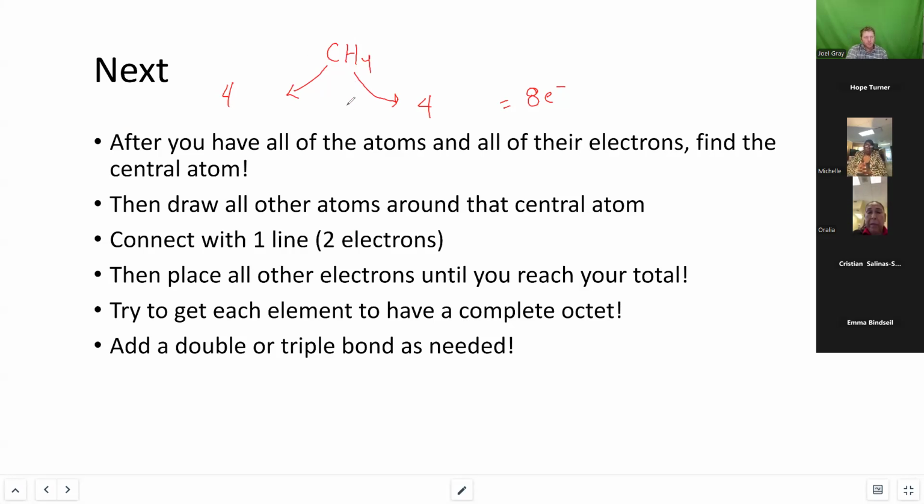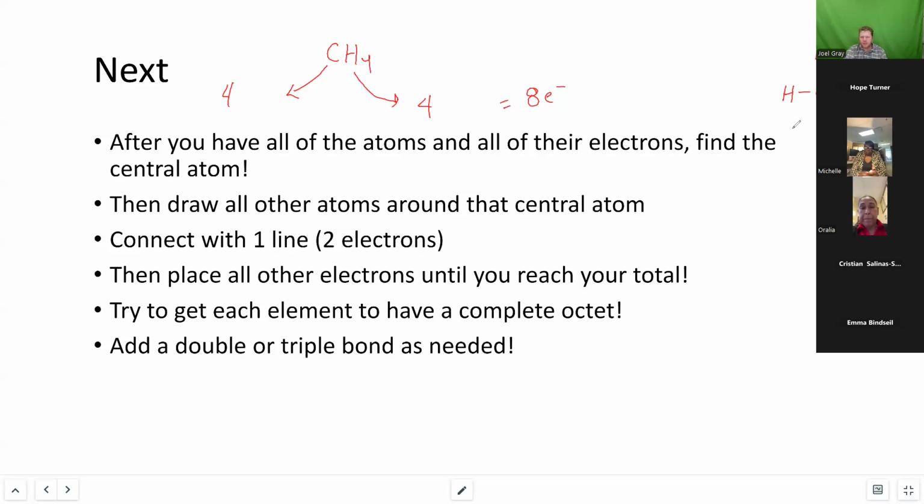Since we're not going to use hydrogen as our central atom, we're left with only one atom, and that's carbon. So we're going to put carbon at the center. Once you have that, draw all other atoms around that central atom. H, H, H, H. Okay? Connect each one of these with a line.